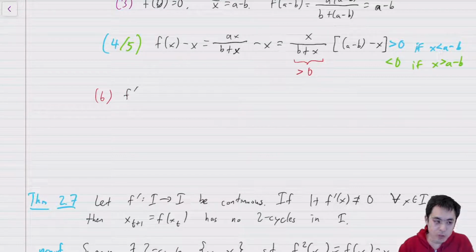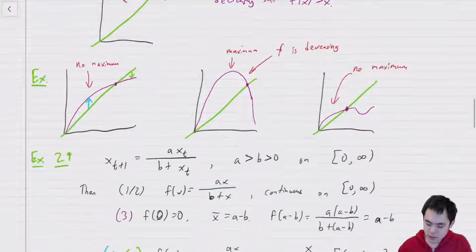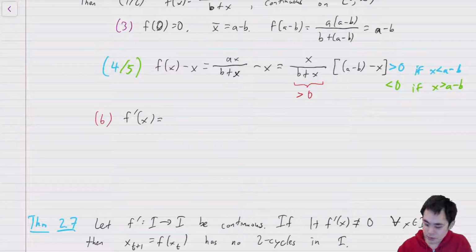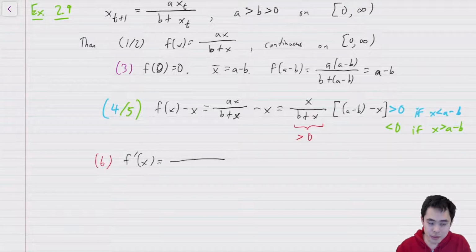The first thing we'll do is f prime of x, which is equal to the bottom times the derivative of the top, so that's (b plus x) times a, minus the top times the derivative of the bottom, so that's ax times 1, all over the bottom squared, (b plus x) squared.